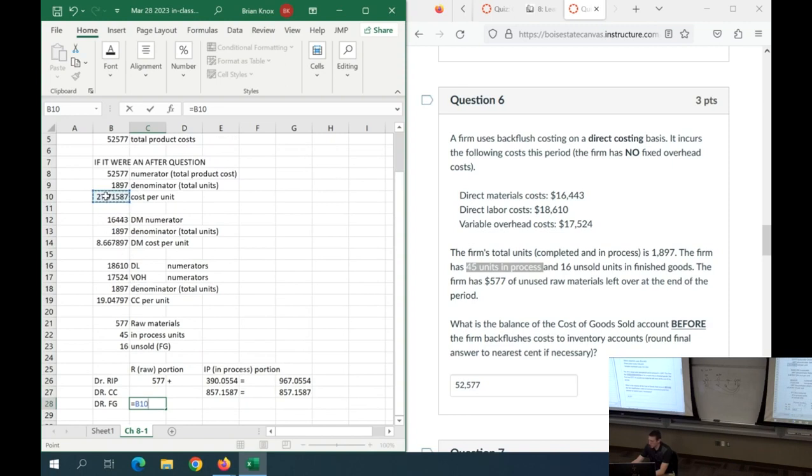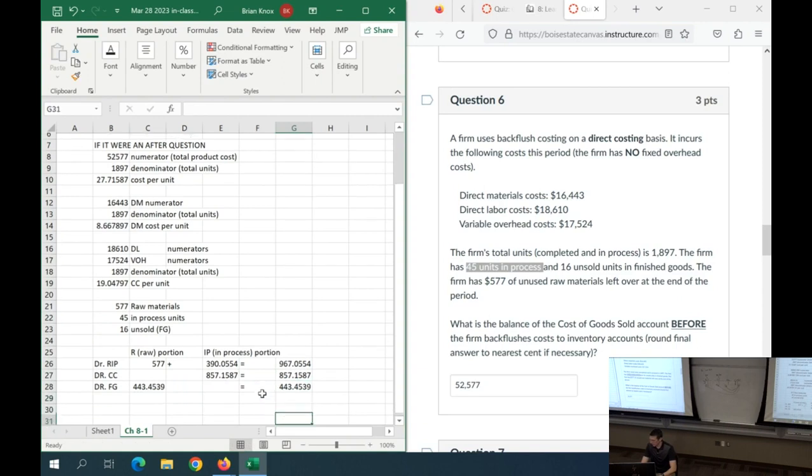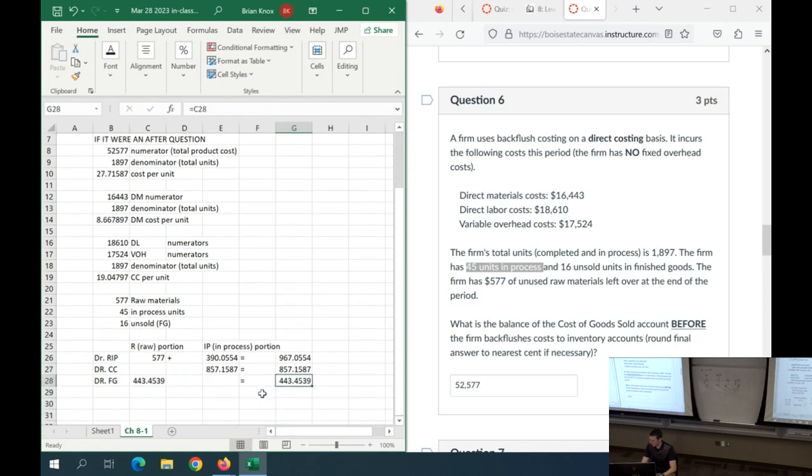So I'm going to use this total cost right here per unit times these 16 unsold units in finished goods right here. And so that's going to be our debit to finished goods, which means that we must be crediting cost of goods sold to balance that out.